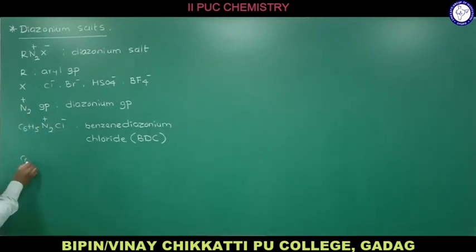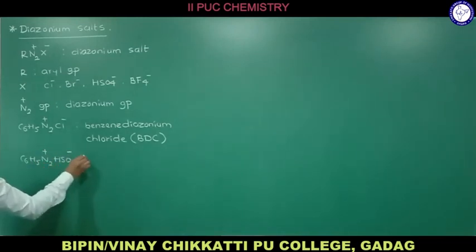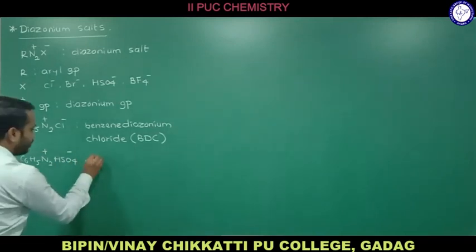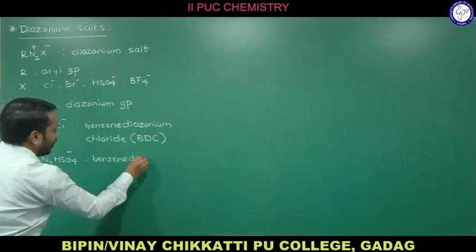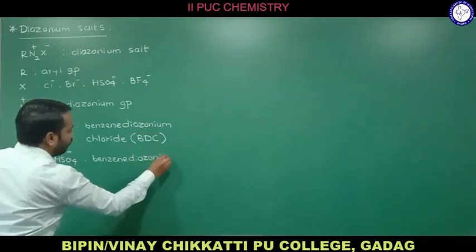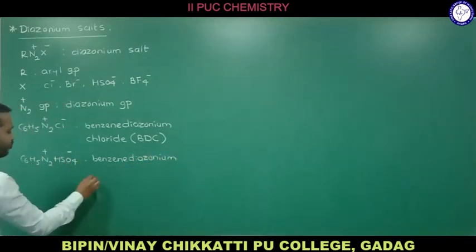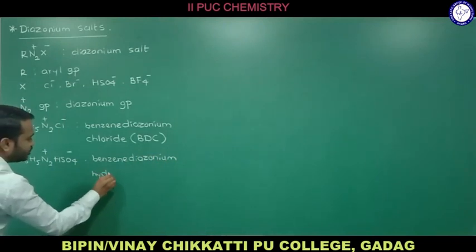One more example I can consider, C6H5 N2+ HSO4-. The name of this compound is benzene diazonium HSO4, that is nothing but hydrogen sulfate.